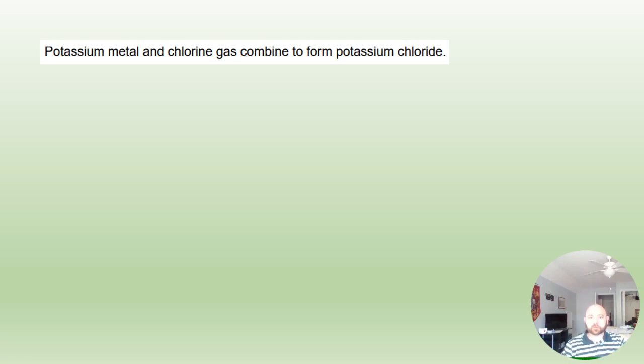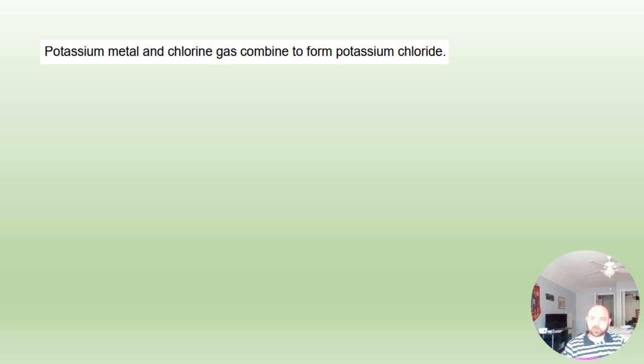We have another example of a word equation here that we're expected to write out into a symbolic chemical equation. This one reads a little differently. It says potassium metal and chlorine gas combine to form potassium chloride.